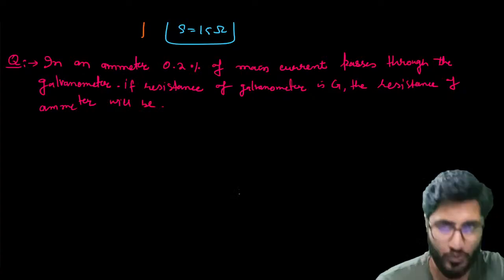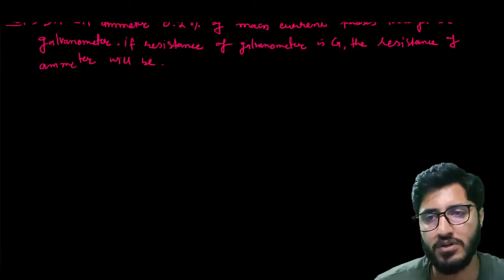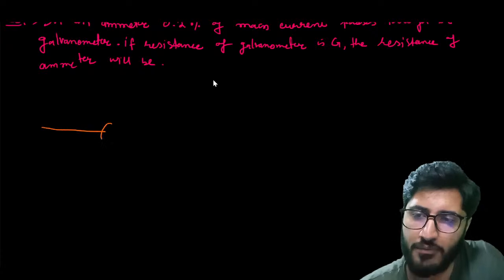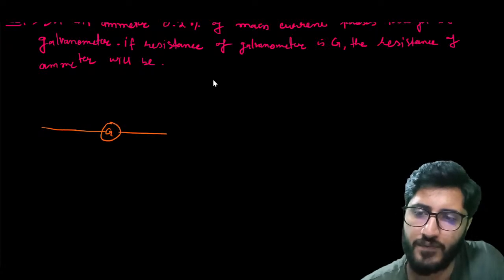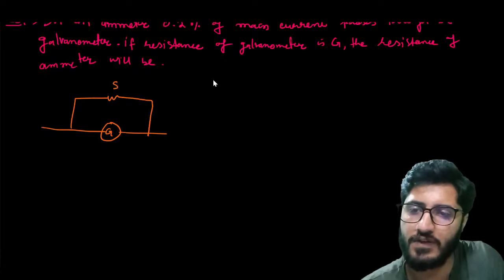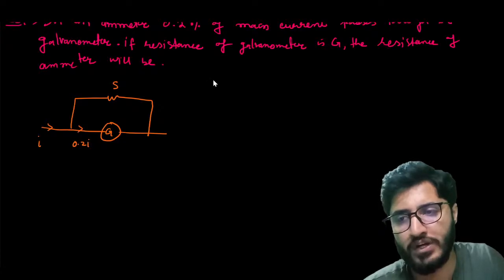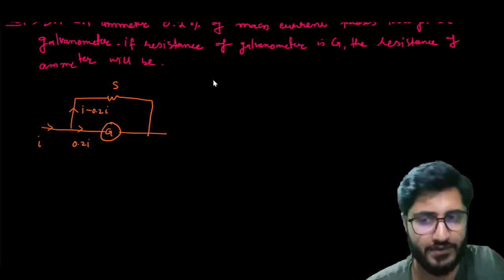Let us take a different approach. We first make a galvanometer, right? Galvanometer, and shunt. So if current I is coming, 0.2% of I will go here and I minus 0.2% of I will go here.